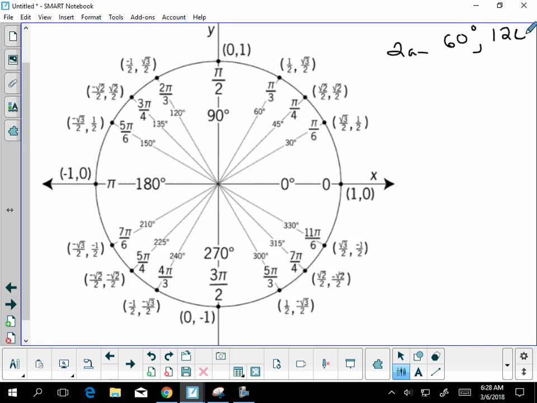So look where your y coordinate is radical 3 over 2. 2b, you're looking for the cosine inverse of negative radical 2 over 2. Well, let's find out where our x coordinate is negative radical 2 over 2: 135 degrees, and 225 degrees.